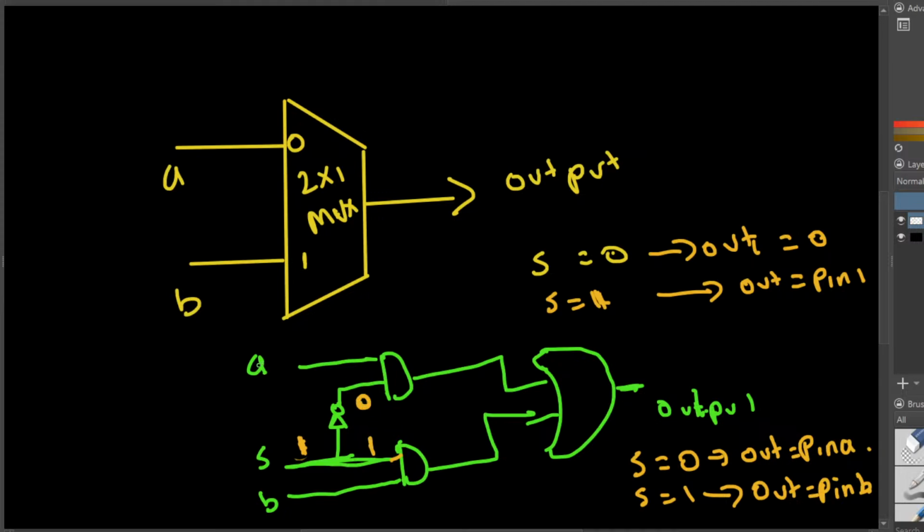And you can see here we have A and 0, and in an AND gate, if you have a 0, that makes the whole thing 0, so the output here is going to be 0. And here, if I have 1 and B going through an AND gate, the output is going to be B. So if B and 0 go through an OR gate, the output is going to be B. So that's what this is: when S is equal to 1, the output is going to be whatever the value that's in B.